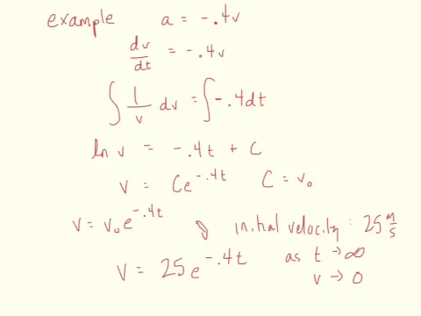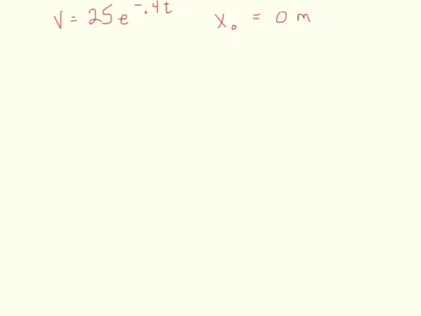So let's look at what happens if we want to now know position or acceleration as a function of time. So we now know that v equals 25e to the negative 0.4 t, and let's say we started at a position of 0 meters and we wanted to know our position as a function of time. Well, of course, position always equals the integral of velocity with respect to time. So that's going to be the integral of 25e to the negative 0.4 t with respect to time.